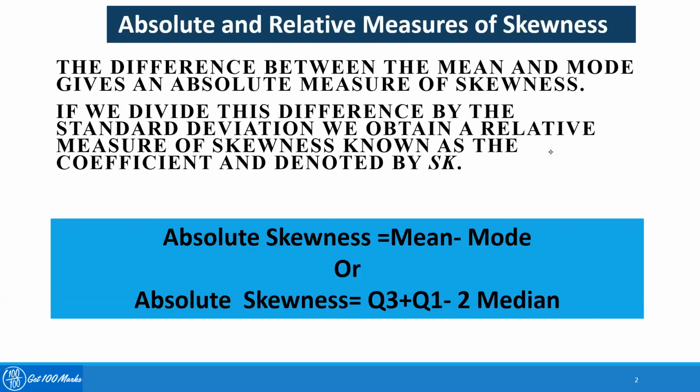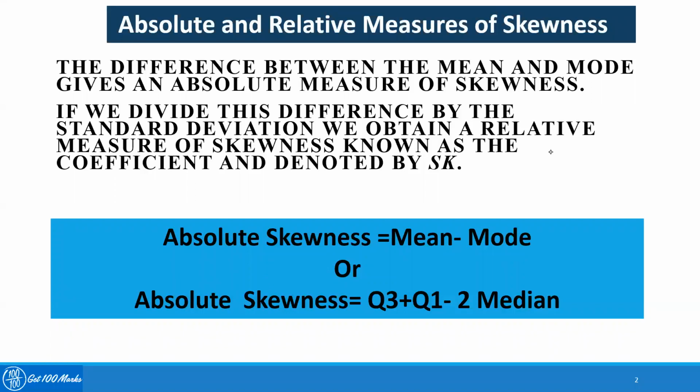Suppose an absolute measure like standard deviation: if we are talking about the height of students, the standard deviation will come in whatever unit the height is measured, like centimeter or meter. Whereas relative measures of skewness will not have any unit, similar to relative measures of dispersion.